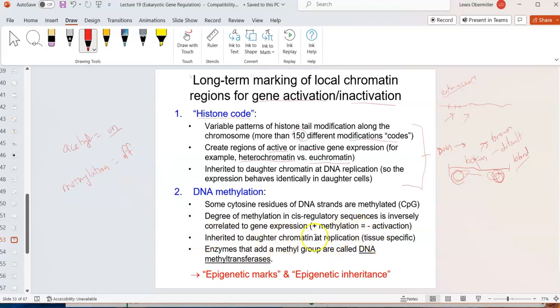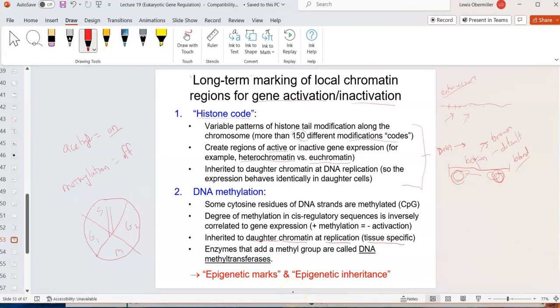Again, it can be inherited. During the replication phase, we have G1, S, G2, and M phase. During the replication phase, you can inherit the chromatin at replication, and it can be specific for specific tissues.